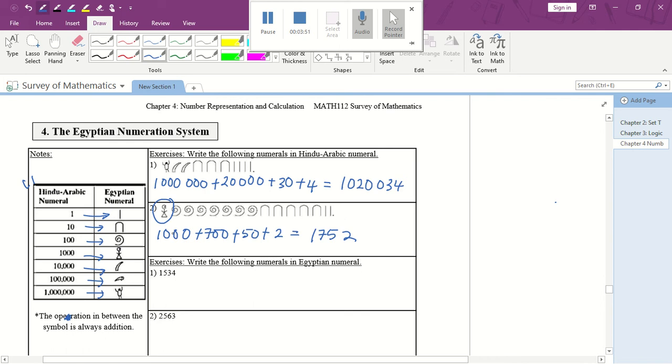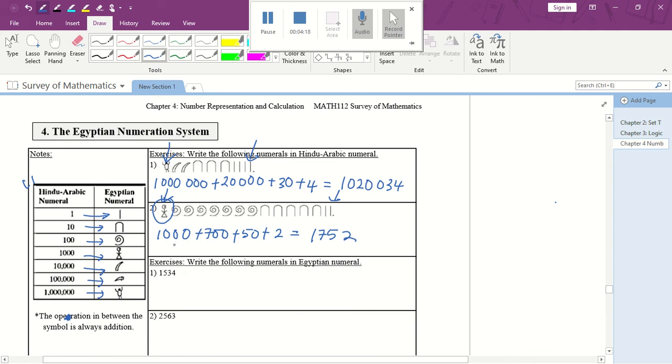Now, you need to understand that these symbols are always arranged from the biggest to the smallest, just like this. So when we need to write our own Egyptian numerals, we also need to follow the rules. We start with the biggest number and we end with the smallest number. So now we have 1,534.